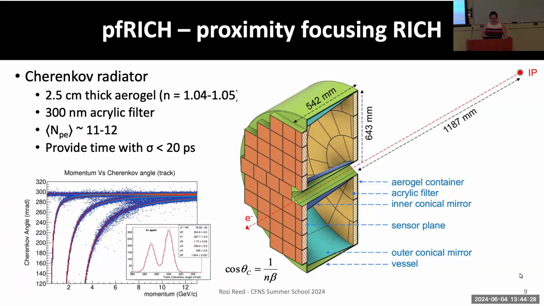You could take a slice in a particular distribution and look at the distance between them. With this technology and all technologies, as you go up in momentum, everything kind of comes together and that makes it difficult. It's very easy to do PID for low momentum particles. It's much harder for high momentum particles.